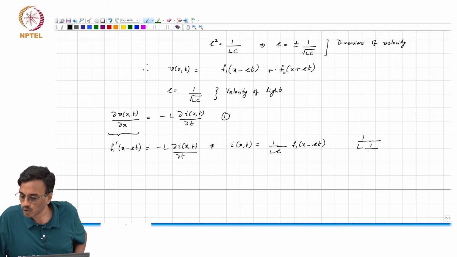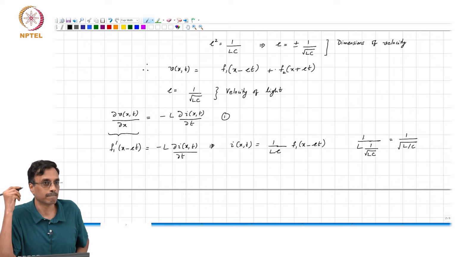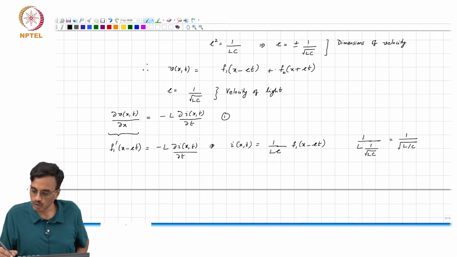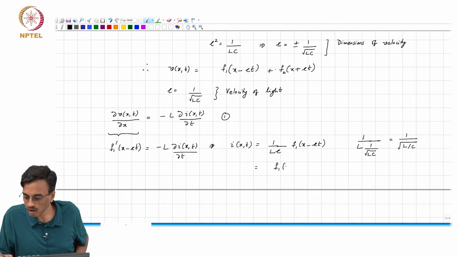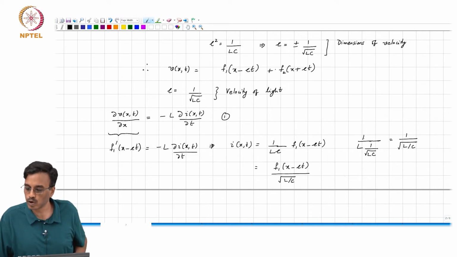It is 1 by square root of, which is therefore 1 by square root of L by C. Okay. So, this is F1 of x minus ct divided by square root of L by C. What are the dimensions of square root L by C?